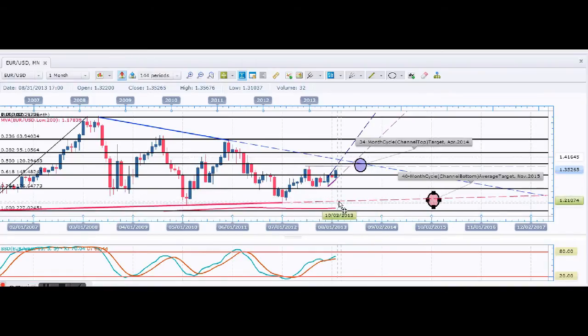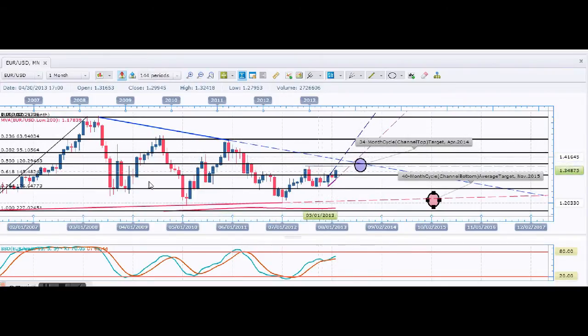These two levels are averages. So this top plus this top, and over again the same distance, 34, is here for the next test of the resistance.